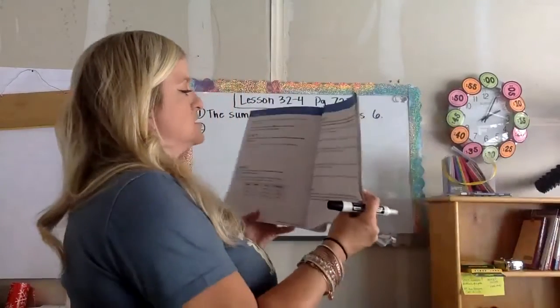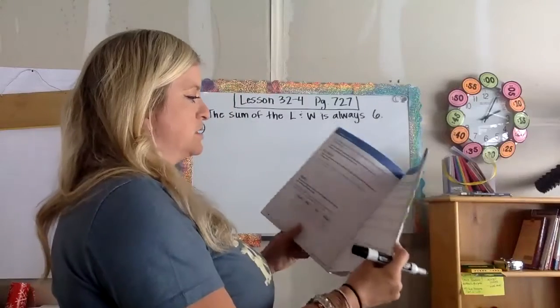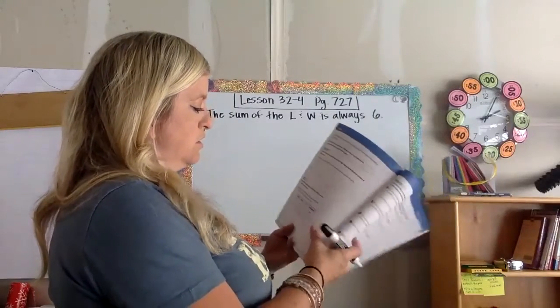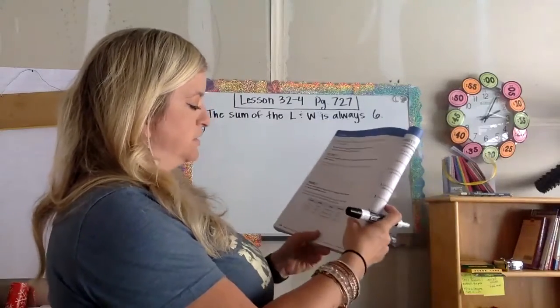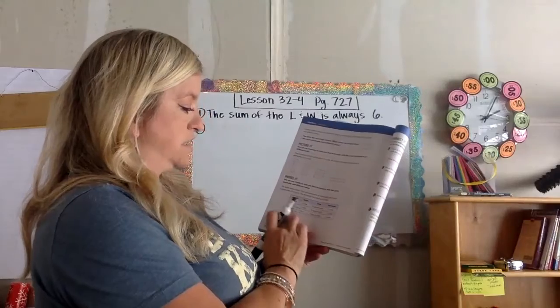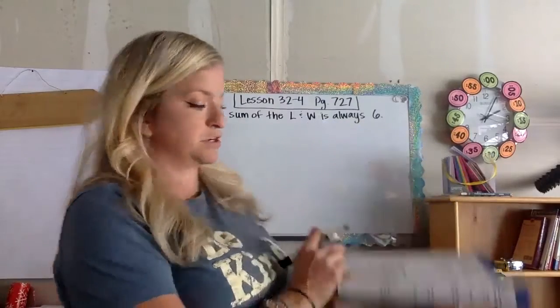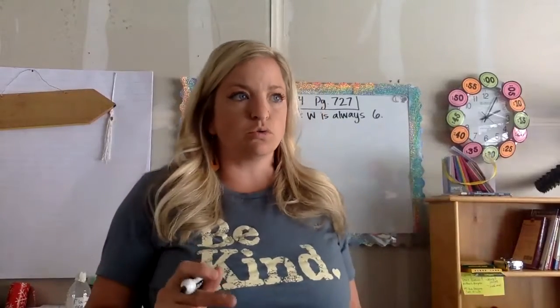Number 2 says, oh, excuse me, there's a part B of number 1. How does the sum of the length and width compare to the perimeter? Well, the sum of the length and the width is 6, and the perimeter is 12. So the sum of the length and the width is half.